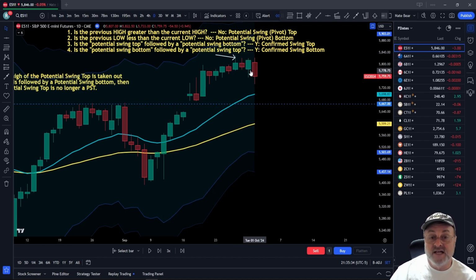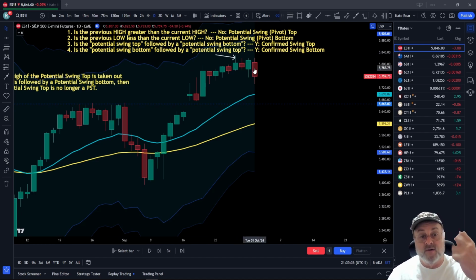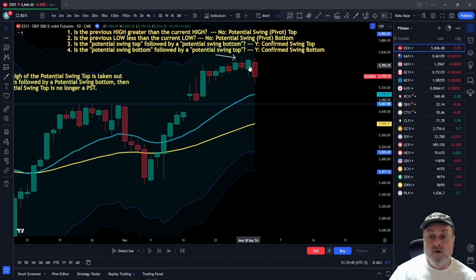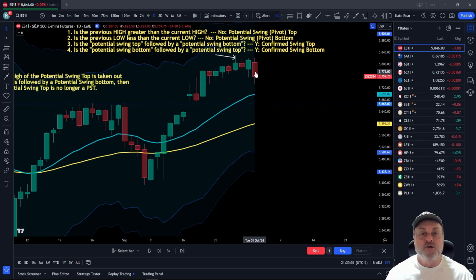So in this case here, it answers two of the questions. Is the previous high higher? No, it's a potential swing top. Is the previous low lower? No, it's a potential swing bottom. An outside bar is unique in that it can be a potential swing top and a potential swing bottom at the same time.